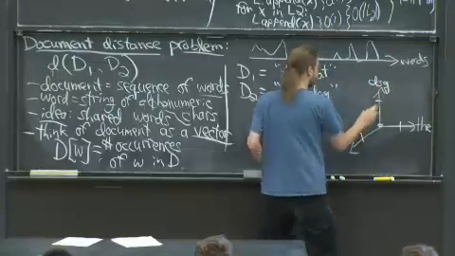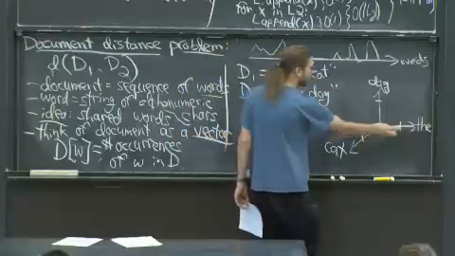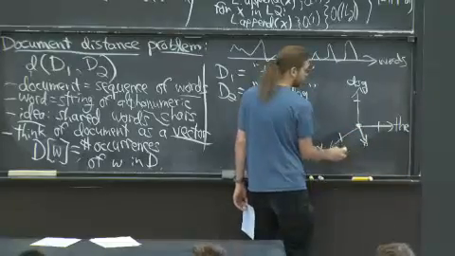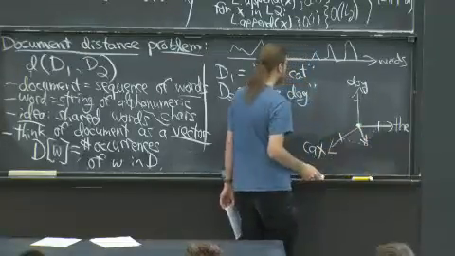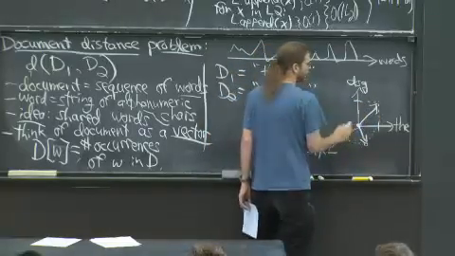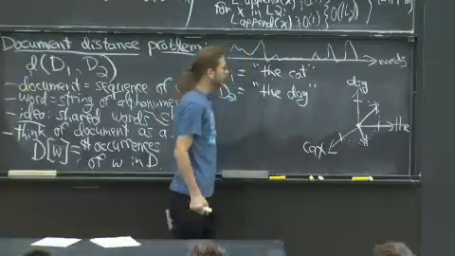Let's say this is dog, and this is cat. The cat document has one the, one cat, and no dog, so it's a vector pointing here. The dog document is basically pointing there. So these are two vectors.